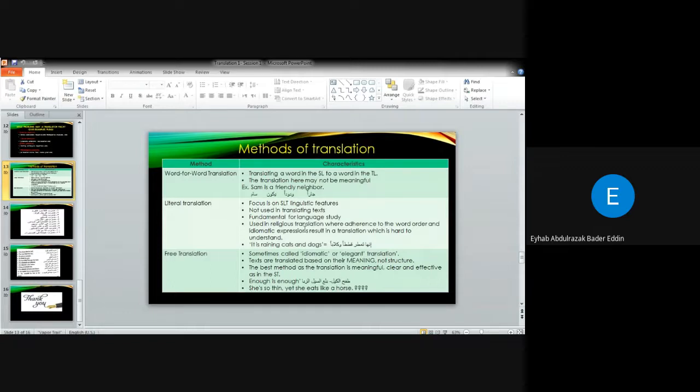People think that if they are translating the Holy Quran, they have to follow the same word order of the source text. And this is not true, because you are translating for native speakers of English, whose language does not have the same word order as Arabic, right? That's why the translation will look weird, strange, and unusual to their eyes.